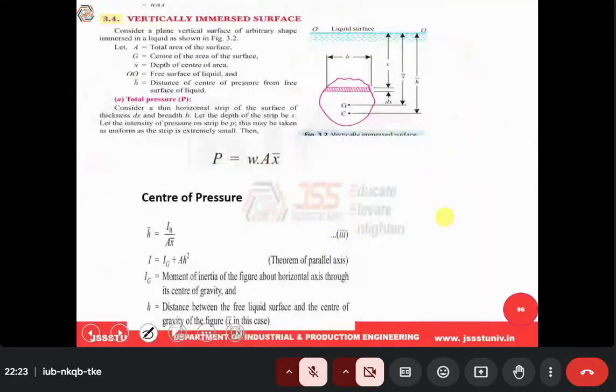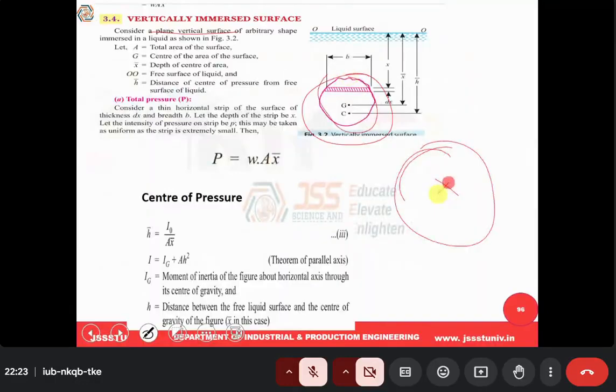So similarly, if you take the vertical surfaces, consider some vertical surface body like this. So here there are two important points we are considering. One is G. So G is the center of area. One irregular body they have taken, the center point ಬಂದು G ಅಂತ. Okay. So that is called G. Now for this also, they calculate the center of pressure equation.